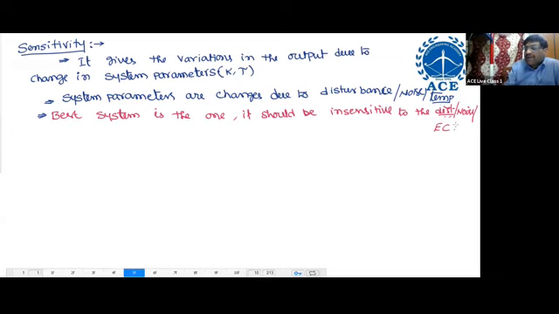EC means environmental conditions. So it should be insensitive. Even though disturbance occurs, even if temperature changes or noise enters, the output should not change.